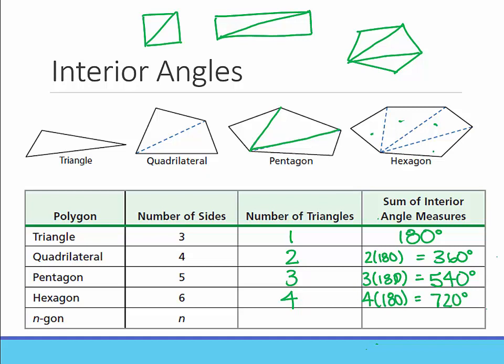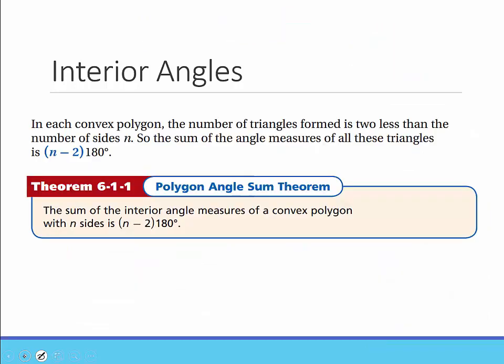So if I give you any type of polygon, it's going to have that many sides on it. Hopefully you notice there's a pattern here, that it's the number of sides minus 2. That's how many triangles you can get out of it, and it's always going to be that times 180 degrees every single time. So that brings us to a nice little theorem.